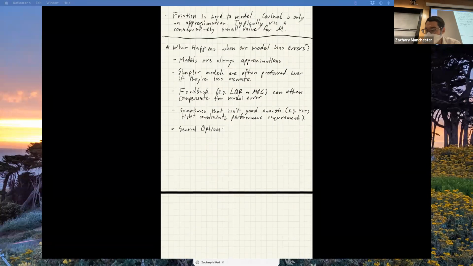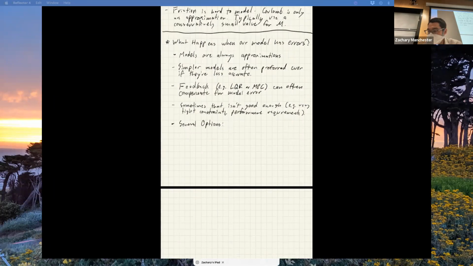The first one is maybe the most classic and most obvious: parameter estimation, classical system identification, also known as gray box models, called system ID.